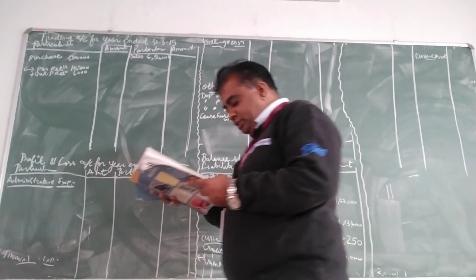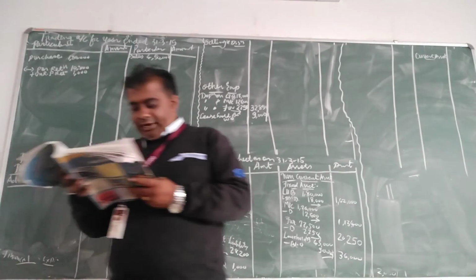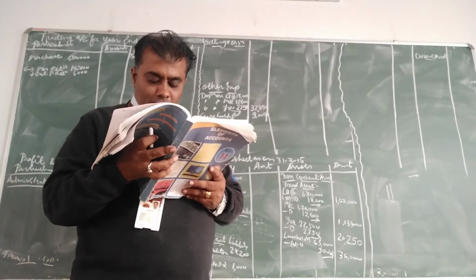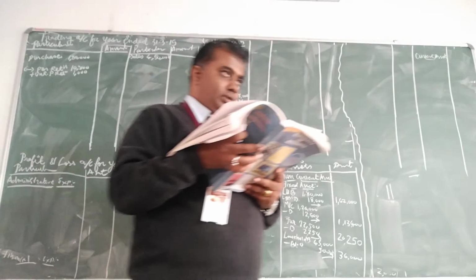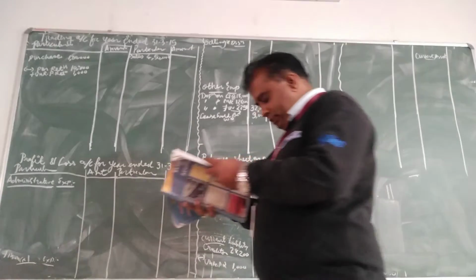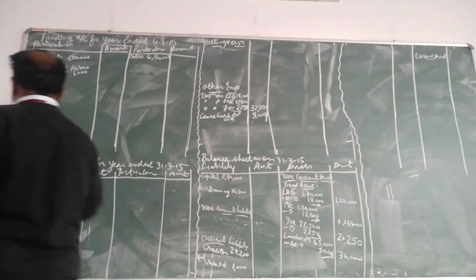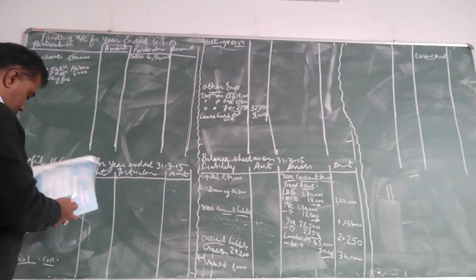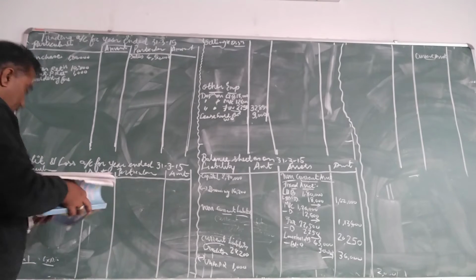Fire occurred in the business on 31st January 2015, due to which the goods of 8,000 were destroyed. So below the purchase return minus, goods destroyed by fire, 8,000.